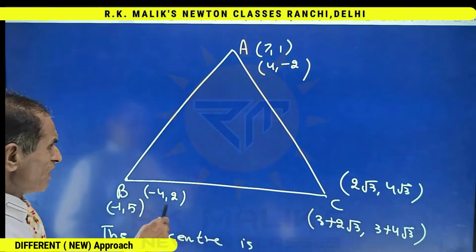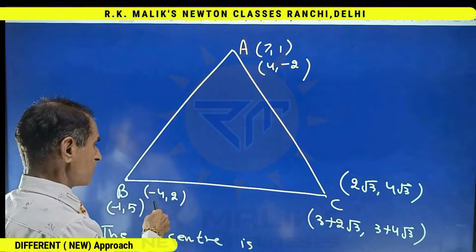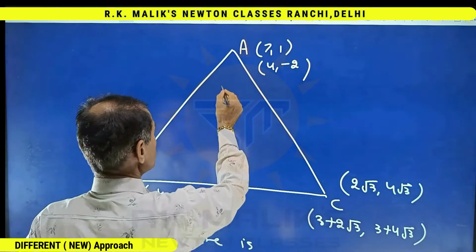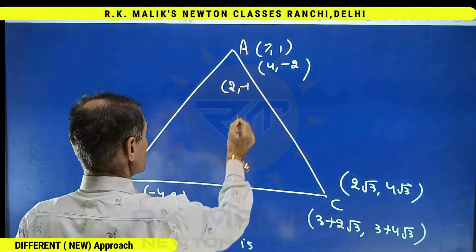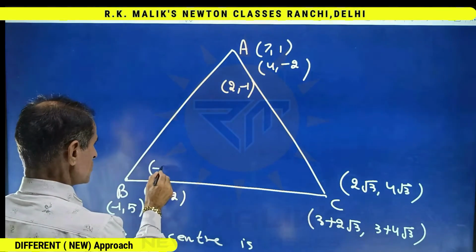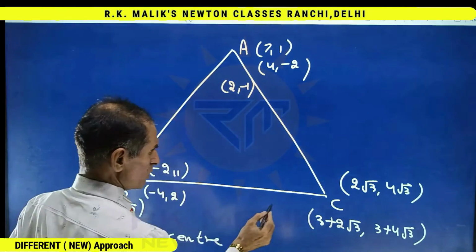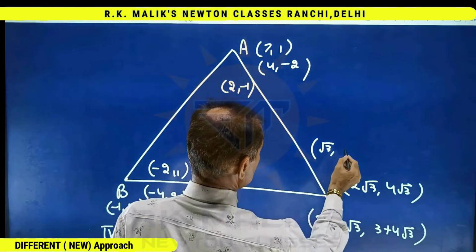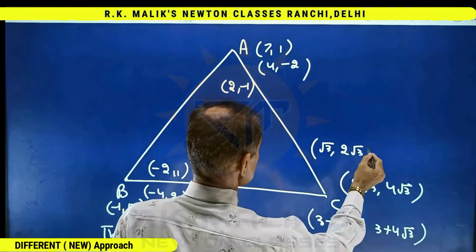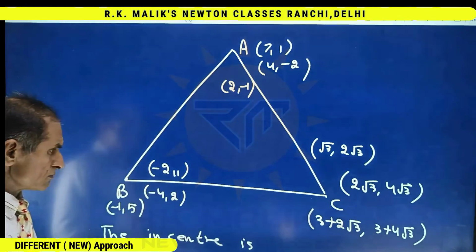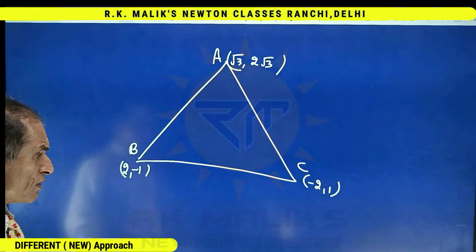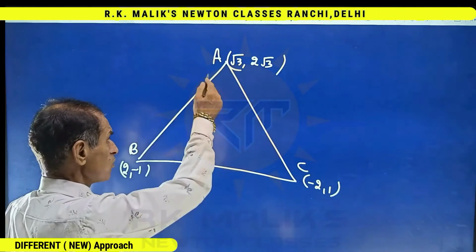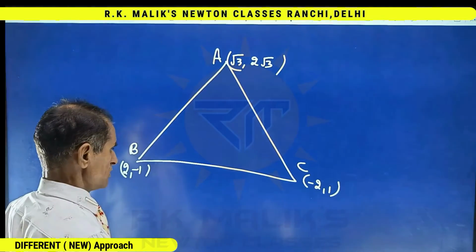That is, if I divide all the x coordinates, y coordinates by 2, this point will become (2, -1), this point (-2, 1), and this point (√3, 2√3).